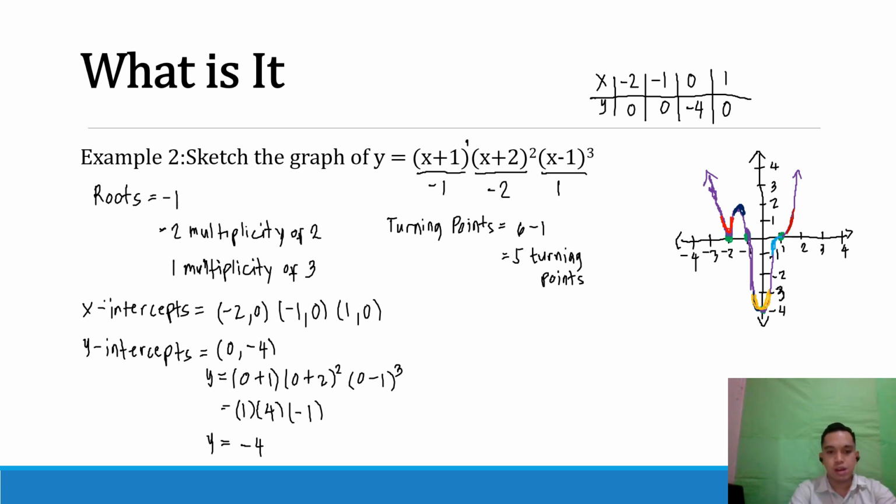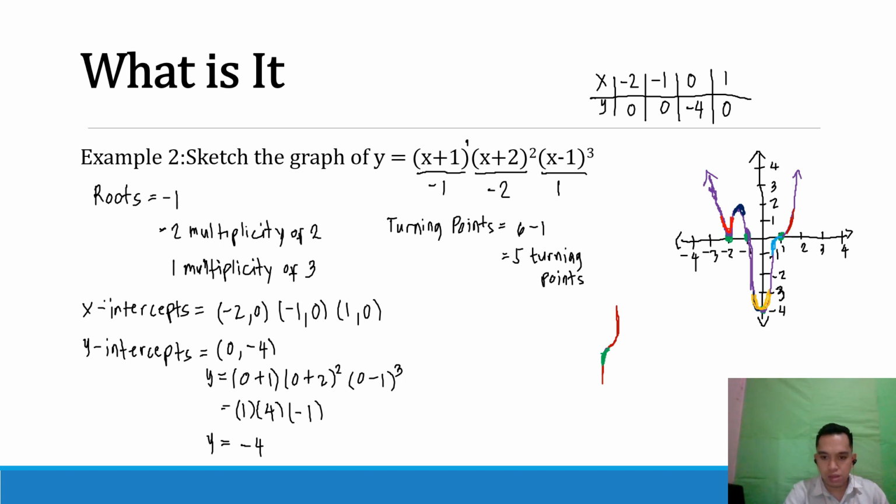Kung mapapansin niyo, ang multiplicity niya ay 3. So, di ba sa pag multiplicity natin ay 3, magaganito siya. Gaganyan yan. Di ba? So, ibig sabihin, may dalawang liko na yan. Ito yung unang liko niya. Ito. Ano? Hindi halata. Ito yung unang liko.